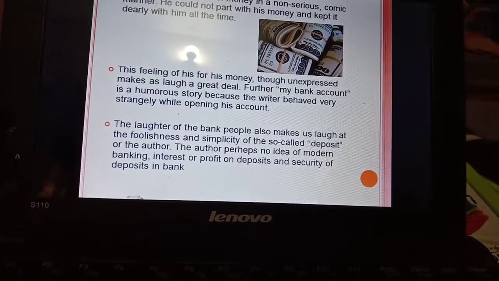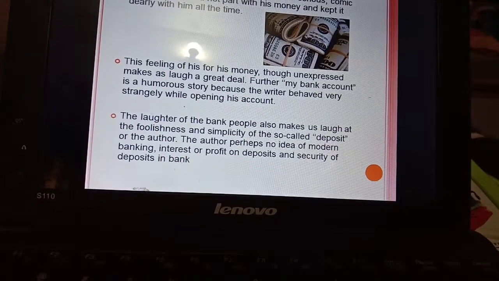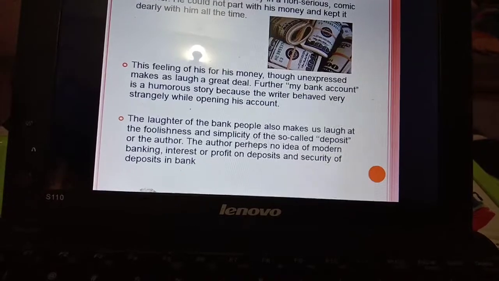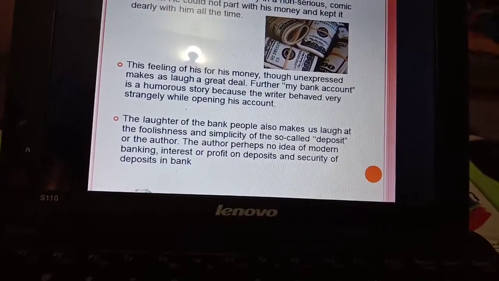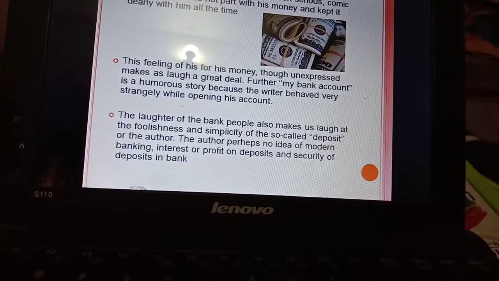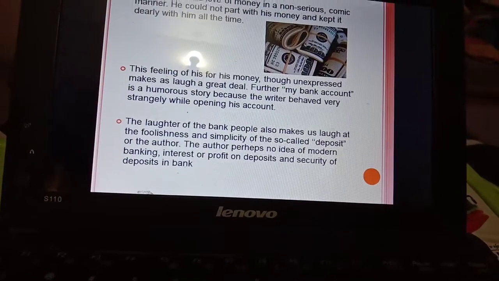The laughter of the bank people also makes us laugh at the foolishness and simplicity of the so-called depositor. The author perhaps had no idea of modern banking, interest or profit on deposit, and security of the deposits in the bank.